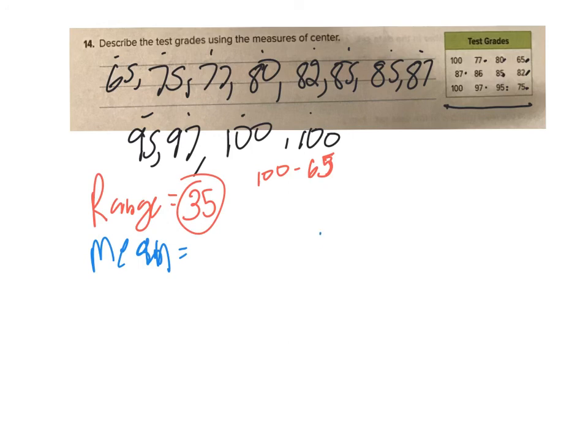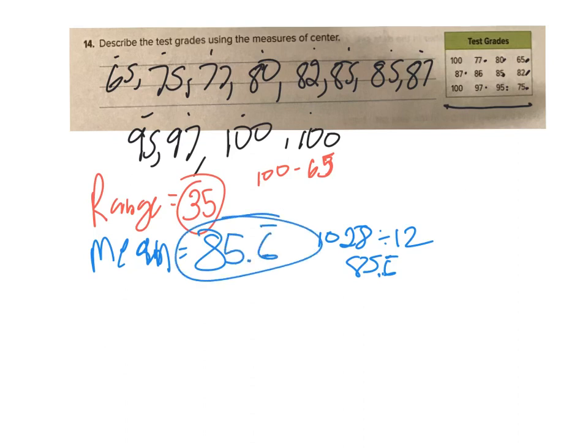Okay, so when we add all those up, we get 1,028. And we need to divide that by the number we have, divide that by 12, and we get 85.6, repeating 6. So the mean is 85.6. Cool.